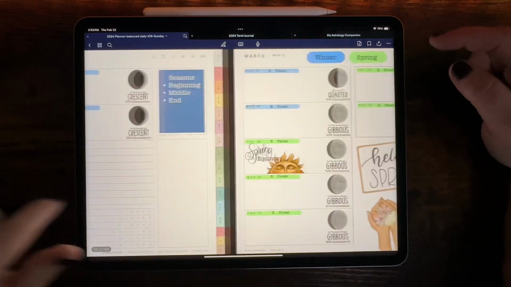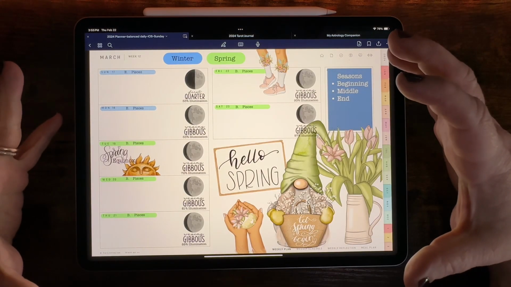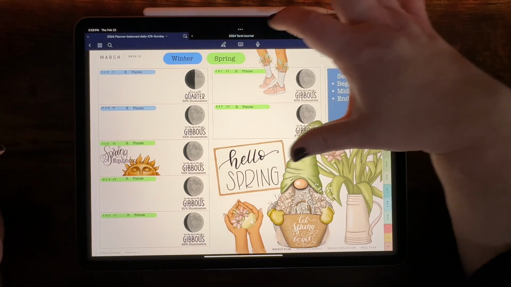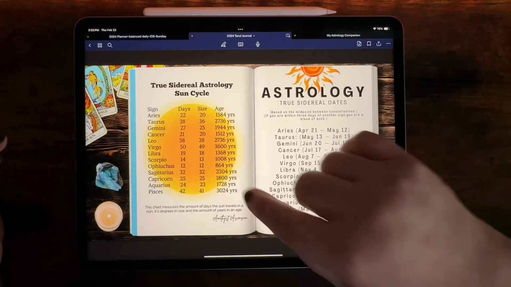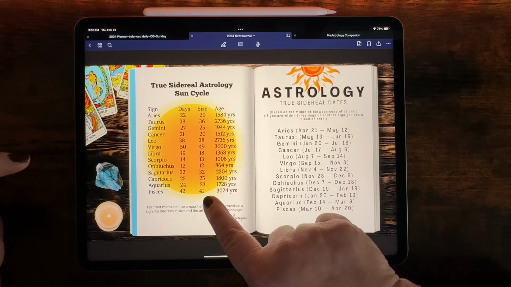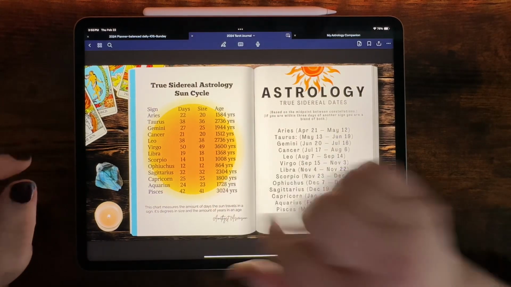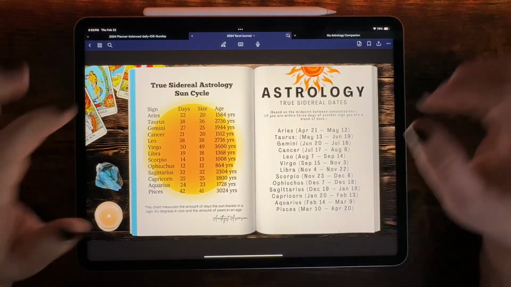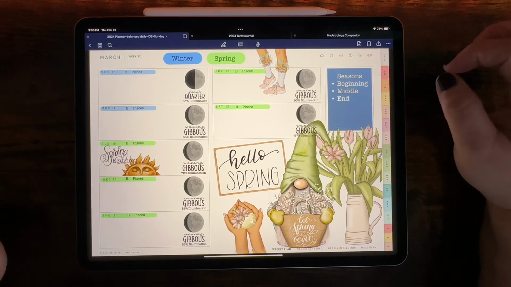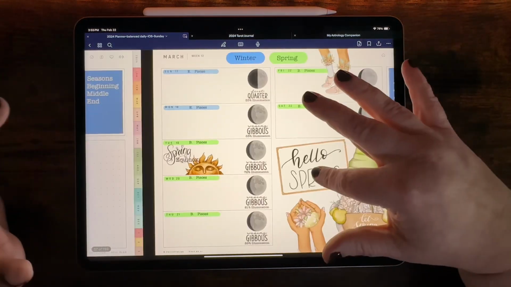Look at how many days we have in the ending part, in comparison to how many days we have in the rest. Okay, so Pisces is roughly 41 degrees in size, and the sun is roughly about 42 days in Pisces.